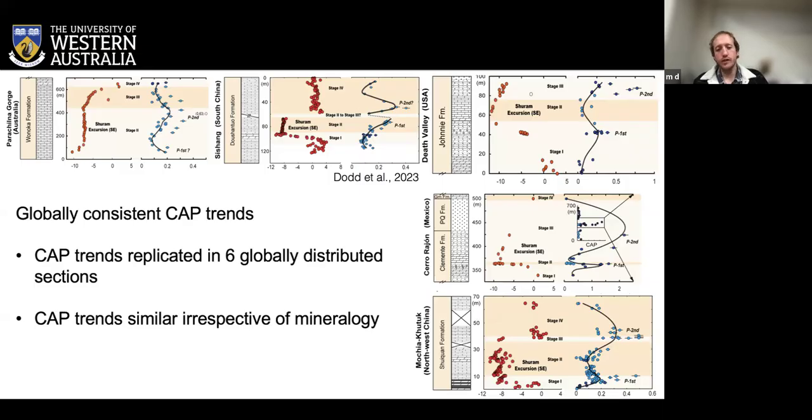But once we exceeded the amount of acid needed to dissolve all the carbonate in the sample, then we saw phosphorus in the leaches spike, and we speculate that was due to dissolution of phosphate minerals and other phosphorus-containing minerals in the sample.